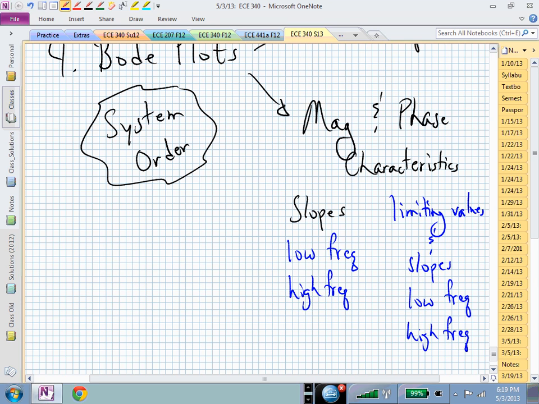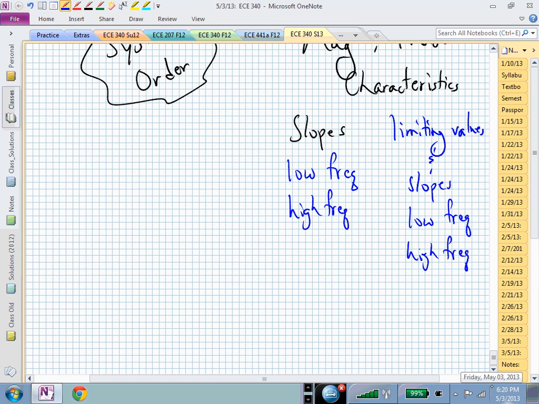If you now had one pole at the origin, what's the phase at low frequencies? It's that minus 90, isn't it? And you could even look at that on your S domain. You could plot your poles and zeros and say what's contributing the most phase at these small frequencies. And that pole at the origin is going to give you that minus 90.